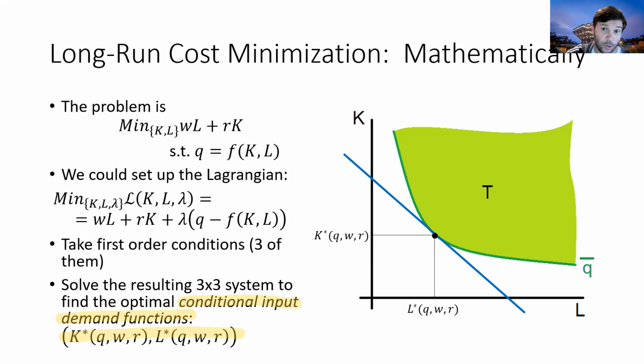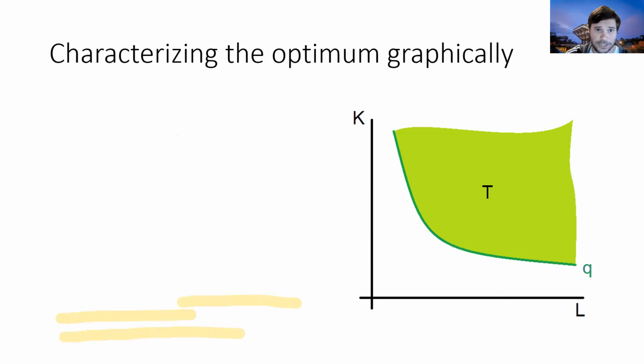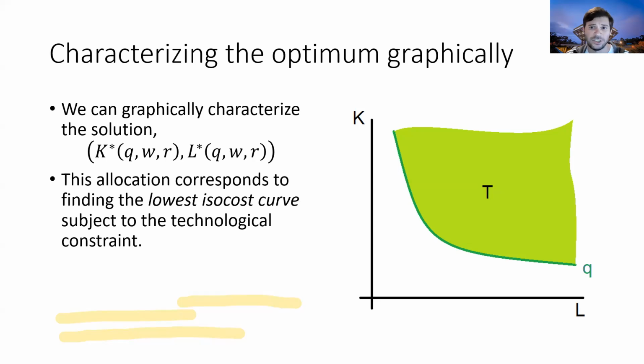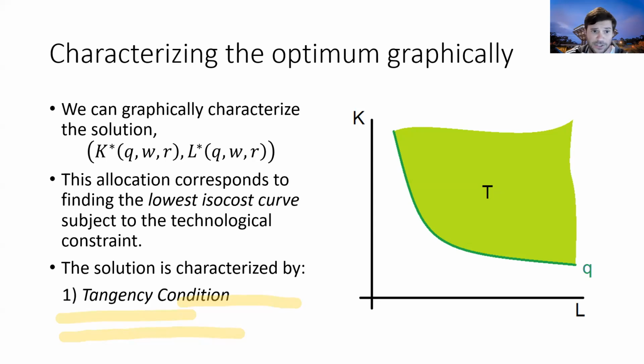So we spent a little bit of time last class characterizing the optimum graphically, at least in terms of our two-dimensional technology. And graphically, we recognized that two important features define the optimal cost minimizing input bundle. If we were on the lowest isocost curve, meaning that we were just tangent to that technology constraint, then number one, we had a mathematical condition to describe that tangency.